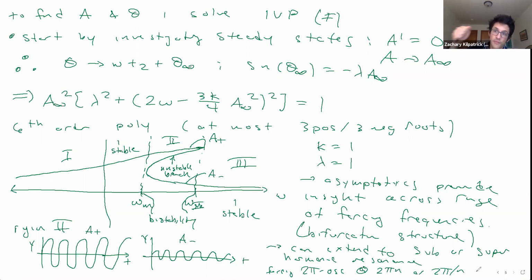Also, if I force at a frequency that's like twice the resonant frequency of an oscillator, I should also expect energy to build up in that case. And so, depending on each of these possible forcing frequencies that you might have, you can get these sort of near resonance phenomena in the case of this and many other nonlinear oscillators.